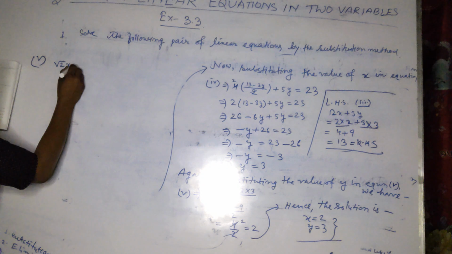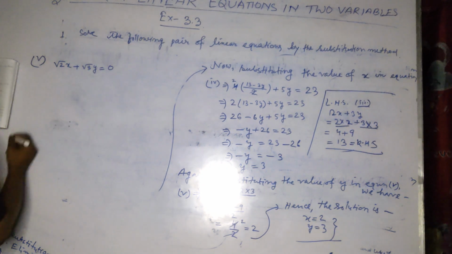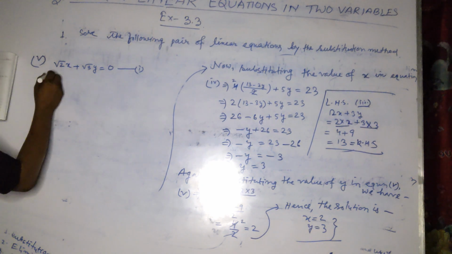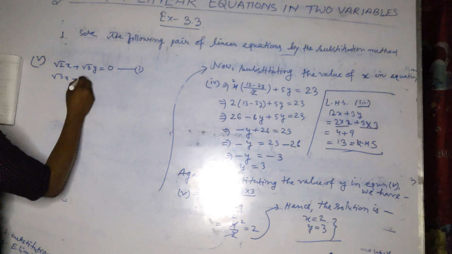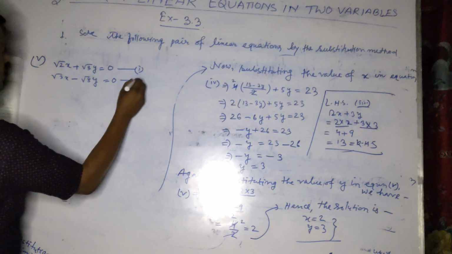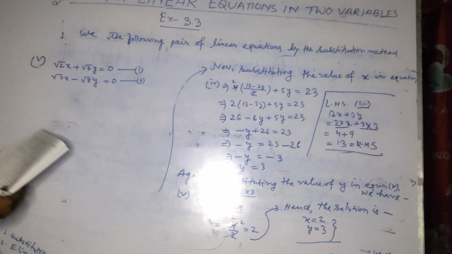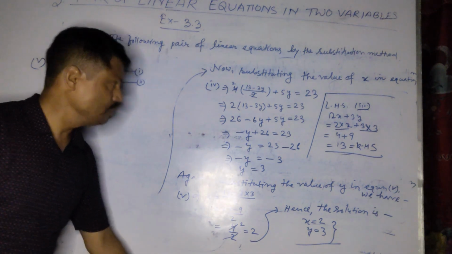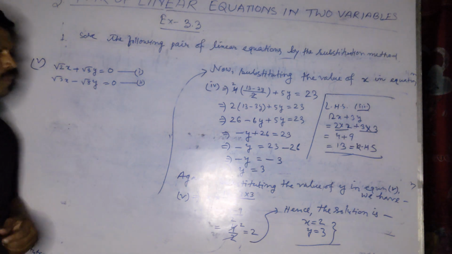Root 2x plus root 3y is equal to 0, keep it as number 1. Root 3x minus root 8y is equal to 0. So number 1 and number 2 we have written here.